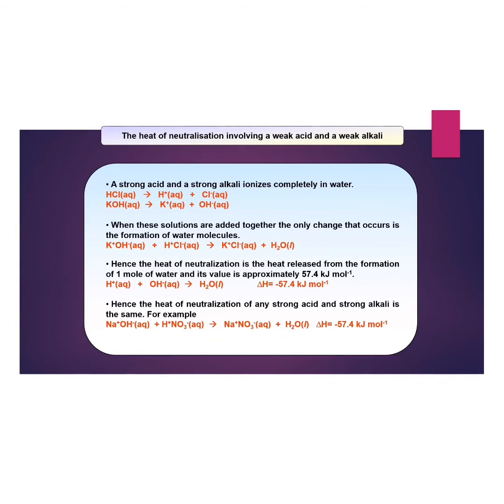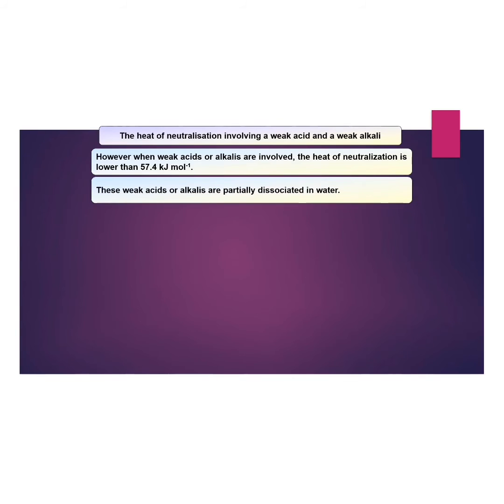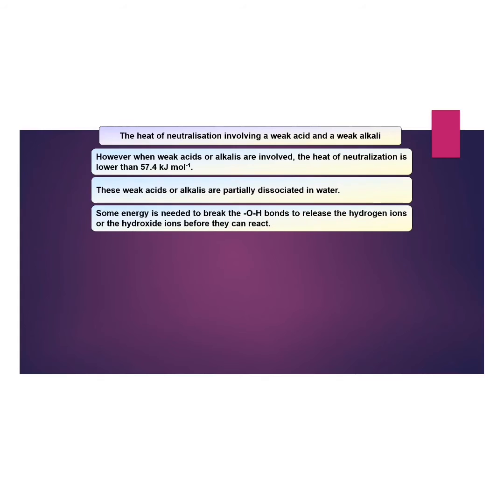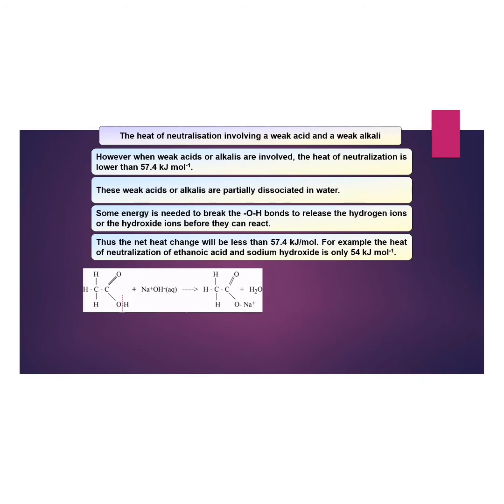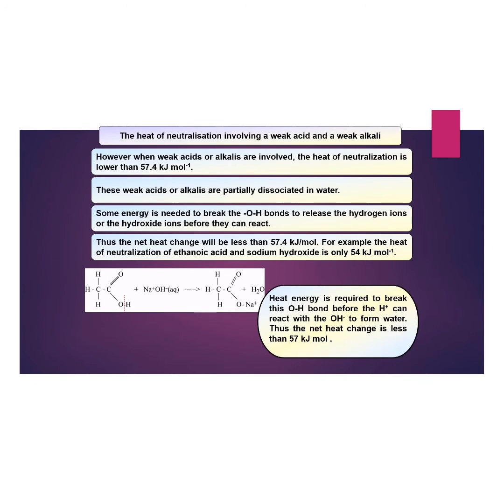Because of that, the delta H of a weak acid is lower compared to a strong acid. The same goes for a weak alkaline compared with a strong alkaline. A weak alkaline also has a lower delta H compared to a strong alkaline and strong acid. So this is the explanation for the lower value.